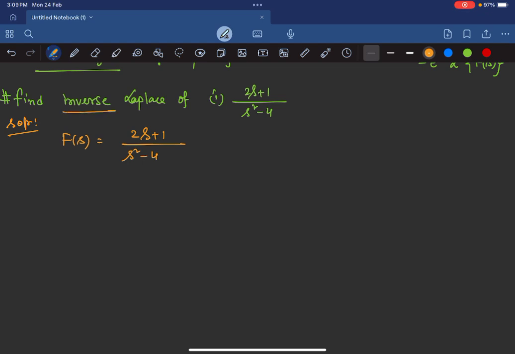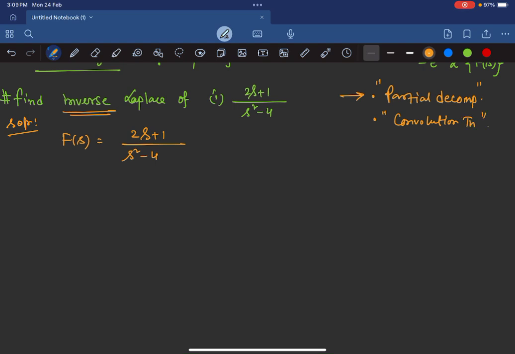To find the inverse Laplace, we usually apply the partial decomposition method. Okay, this is one method. Another is the convolution theorem.